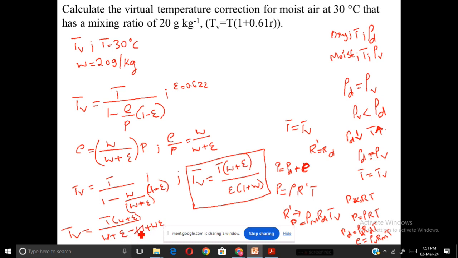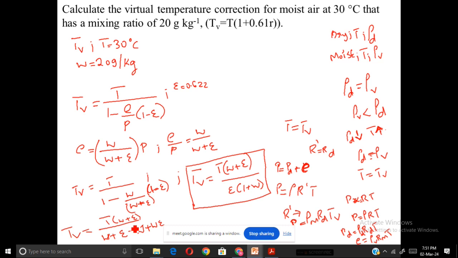From this, if we take epsilon out, we have derived the equation TV is equal to T into W plus epsilon by epsilon into 1 plus W, where W is the mixing ratio and epsilon has the value 0.622.